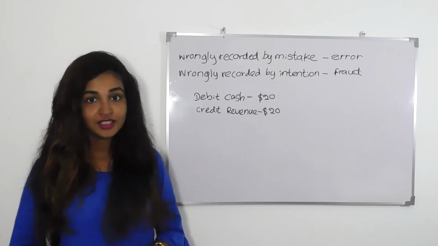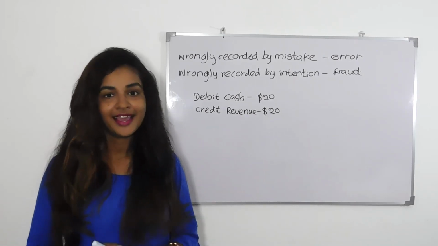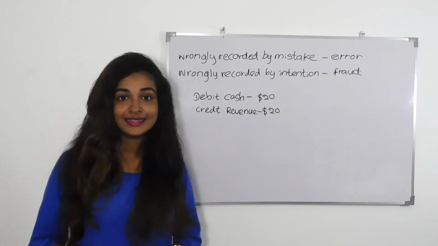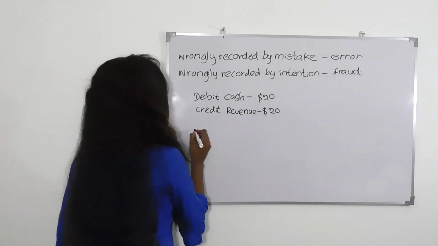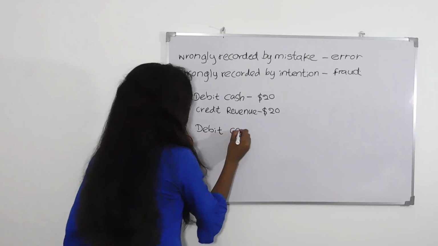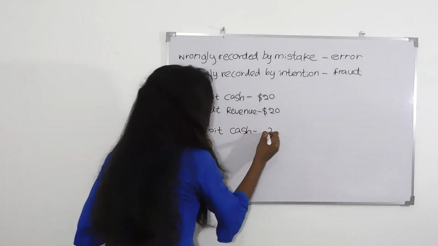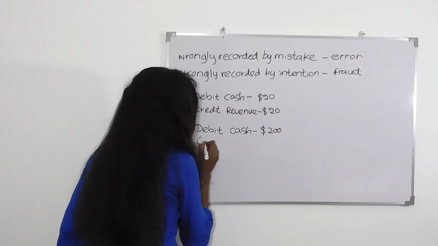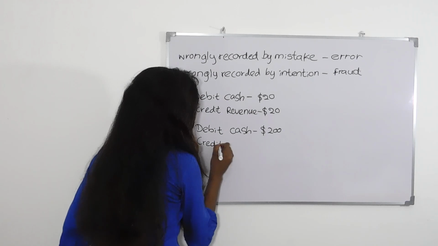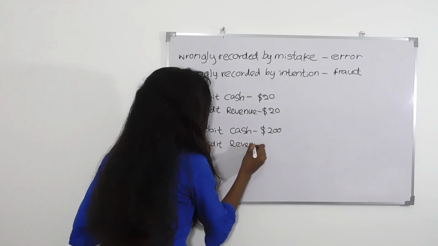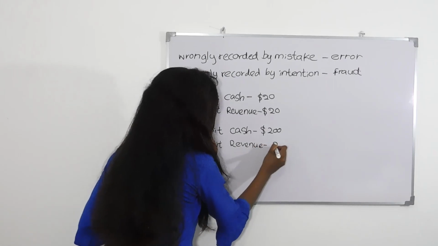But your accountant charged his card erroneously with $200 and passed this entry: debit cash $200, credit revenue $200.